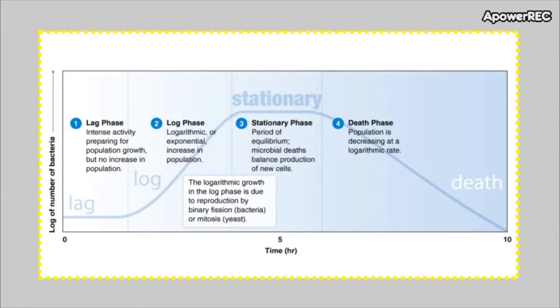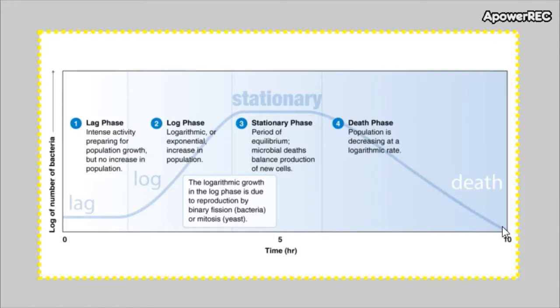So log phase is phase 2. It comes after lag phase. So after a culture is started in what we call a batch culture, so like we showed in the previous examples with those test tubes, if you were to take a 10 milliliter vial or tube of sterilized medium, and you were to add some bacterium to it, this graph kind of shows the growth cycle that would occur in that culture.